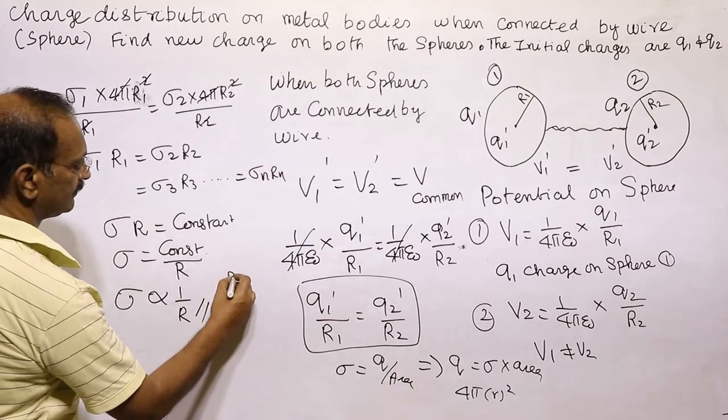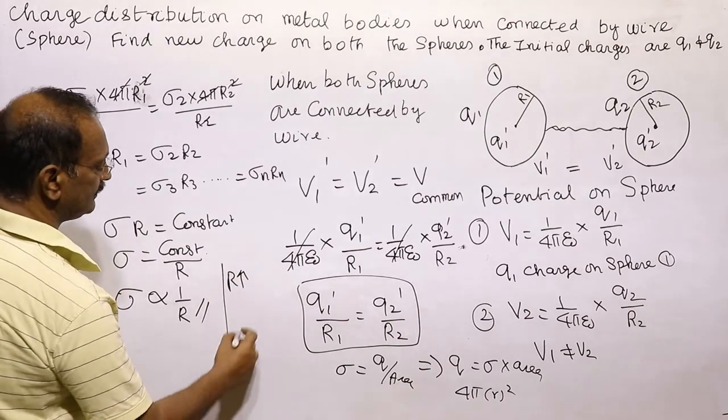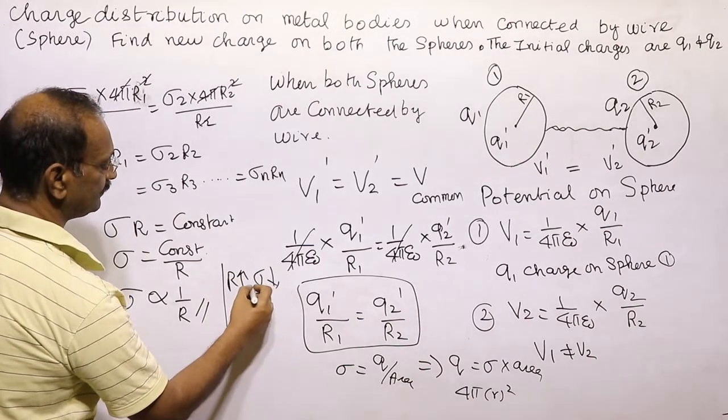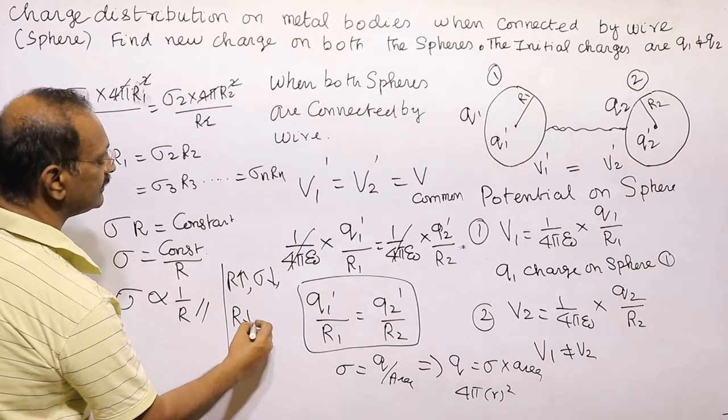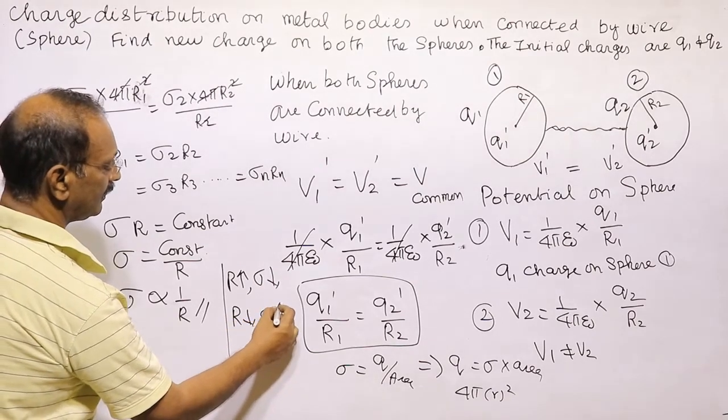As R increases, sigma will decrease; as R decreases, sigma will increase.